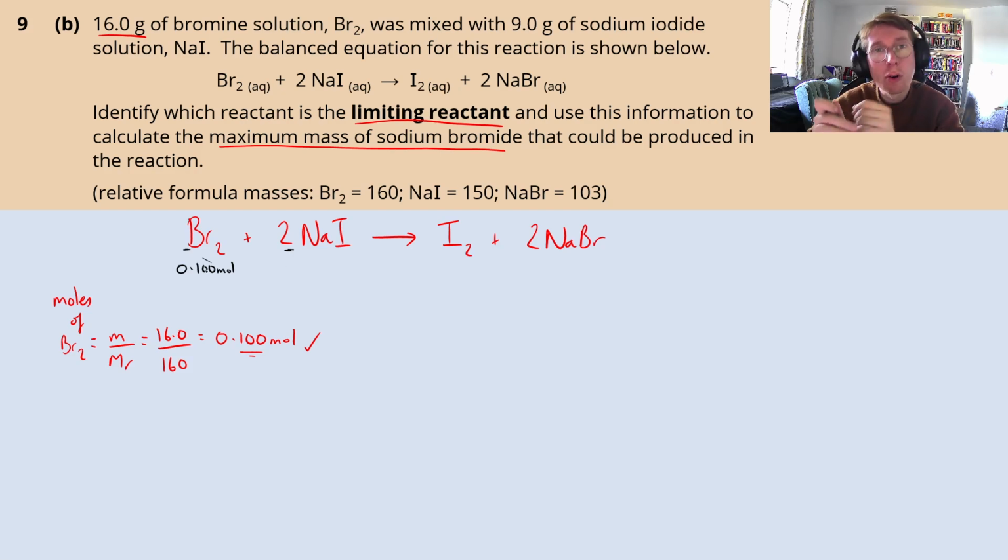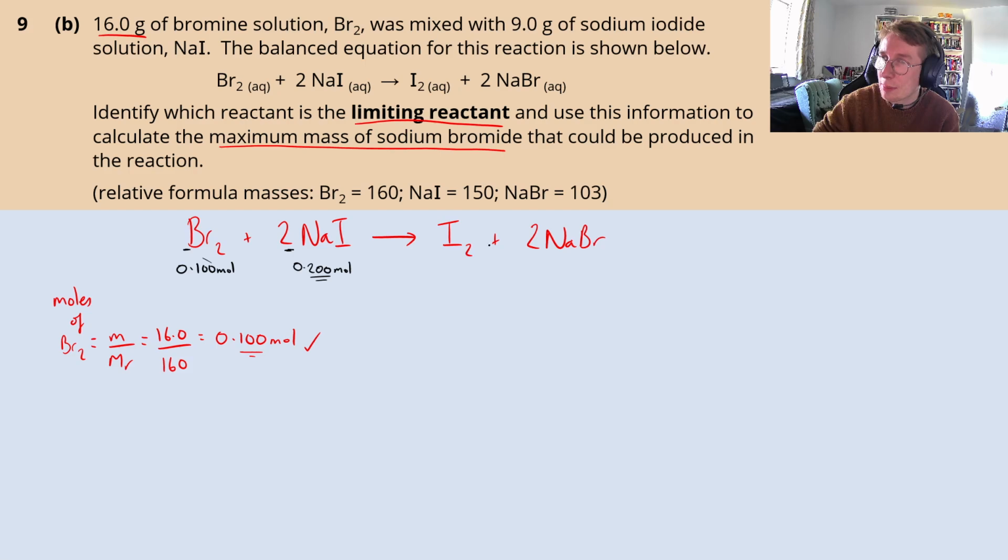So that means if 1 mole of bromine were to react, 2 moles of sodium iodide would. If you've got 5 moles of bromine, 10 moles of sodium iodide react. If you've got 0.100 moles of bromine, 0.200 moles of sodium iodide will be needed in order for this reaction to be complete.